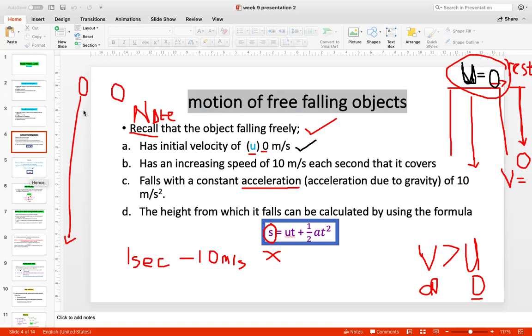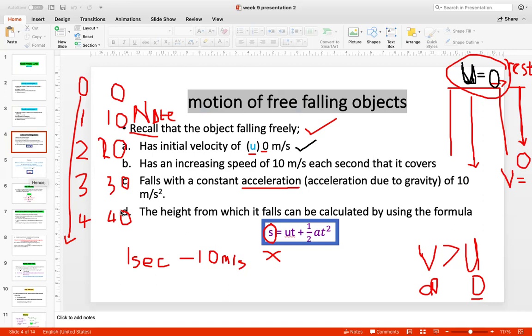Each time it covers a single second, the value increases by 10. Another second, we add another 10, which gives us 20. Another one gives us 30, and so on. So when you drop an object and calculate the number of seconds it has taken to reach the ground, you are able to tell the final velocity that the object will have.